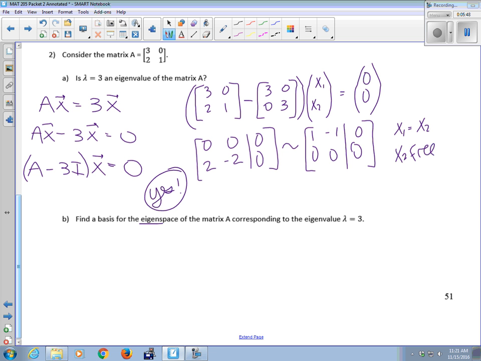You could row reduce and get a contradiction like 0 equals 5.